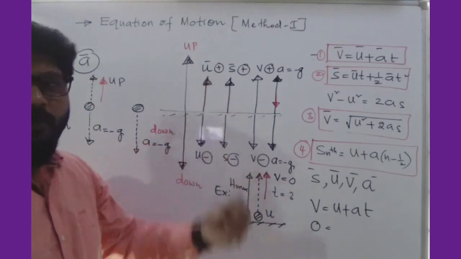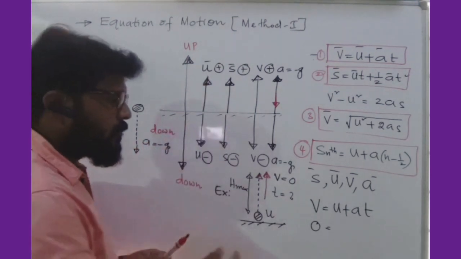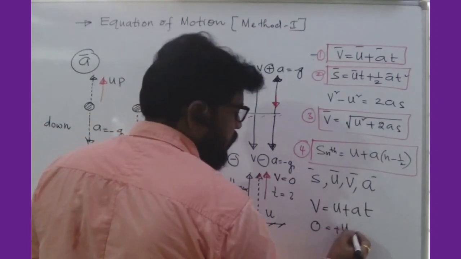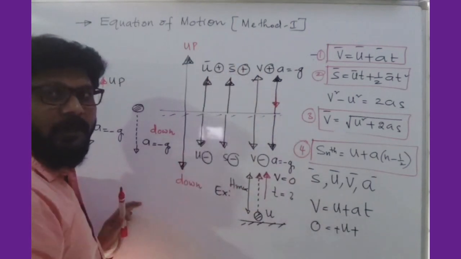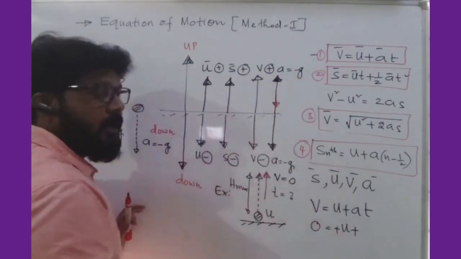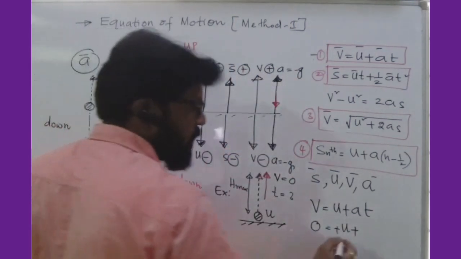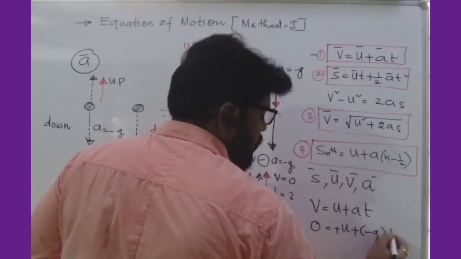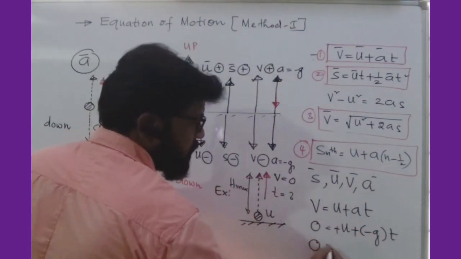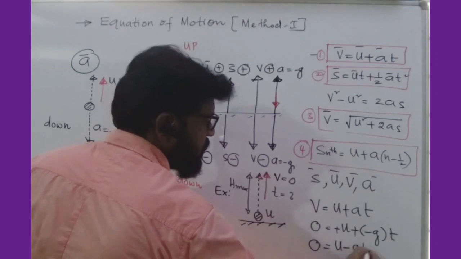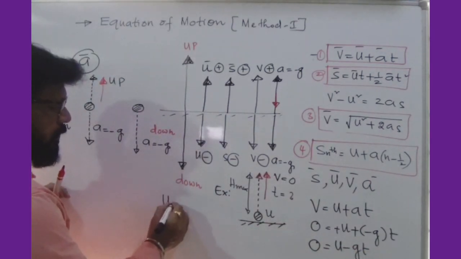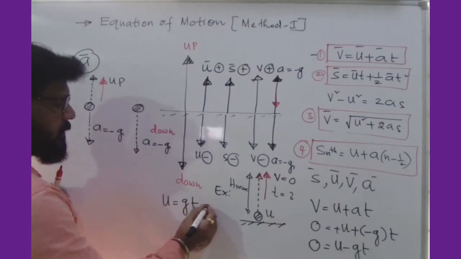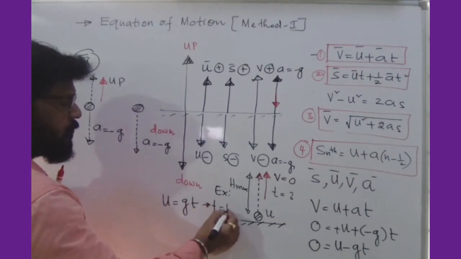Upward direction u is positive, so that is nothing but plus u. A, when it is going in upward direction, is positive or negative? Negative. So that means minus g into t, or simply 0 is equal to u minus gt, or u is equal to gt, or t is equal to u by g.